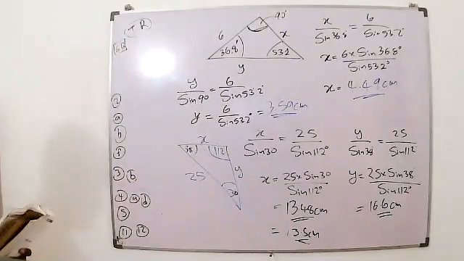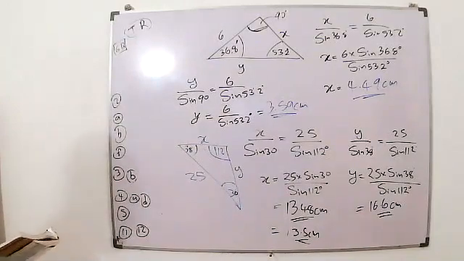Okay, one more question. Let's try to finish one more question. In each of the following sets of data for triangle ABC, find the value of x.